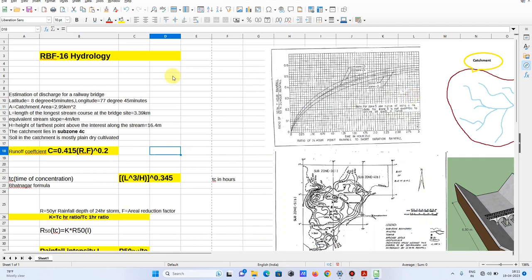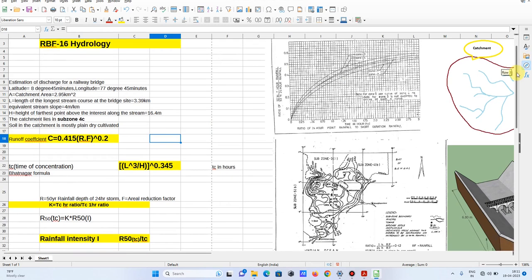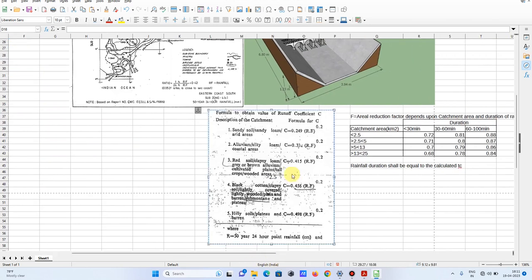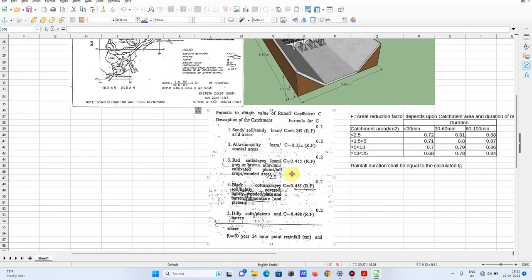Here we have the soil in the catchment, which is mostly plain dry cultivated. From this information, we will check the recommendation for the runoff coefficient in RBF-16 hydrology. This is taken from the RBF-16 manual.